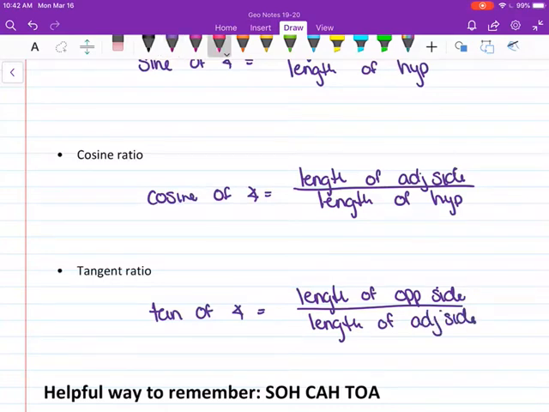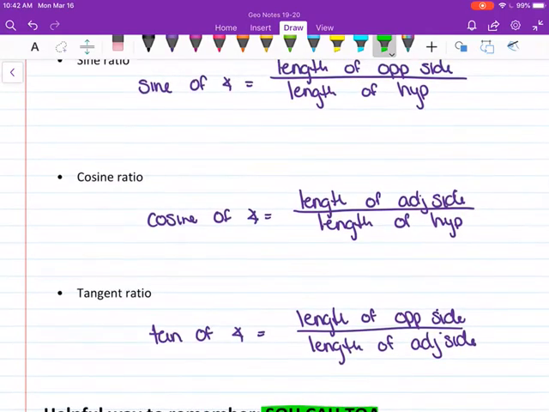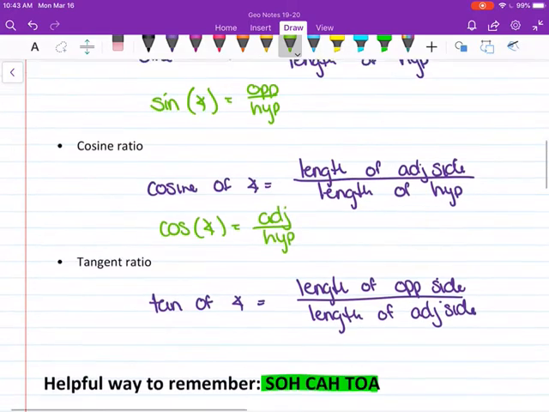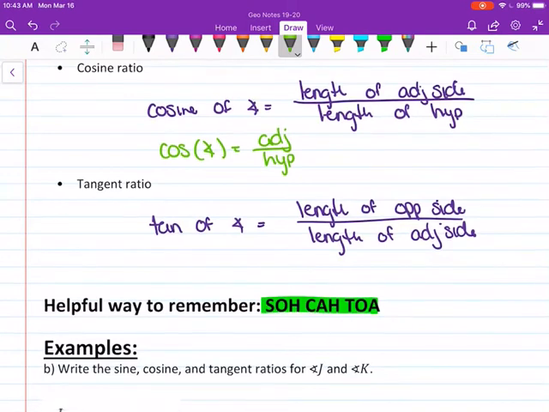And a good way to remember this is SOHCAHTOA. Sine, we abbreviate SIN. So sine of an angle is going to be opposite over hypotenuse. Cosine, abbreviated COS, of your angle is going to be adjacent over hypotenuse. And tangent is TAN.